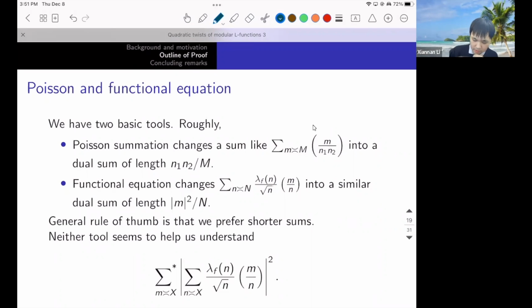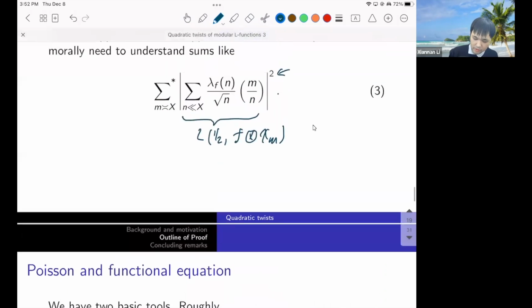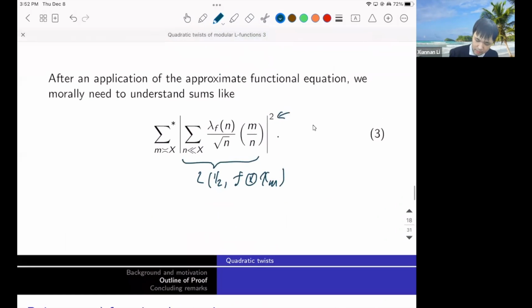For Poisson summation, I'm going to imagine that it changes a sum over m of length M, where M is over n1, n2, into a dual sum of length n1 n2 over M. Maybe it's worth mentioning that if I square this out up here, it would be a sum over n1, n2, and then m over n1, n2. And this is why we're motivated to look at things of this form.